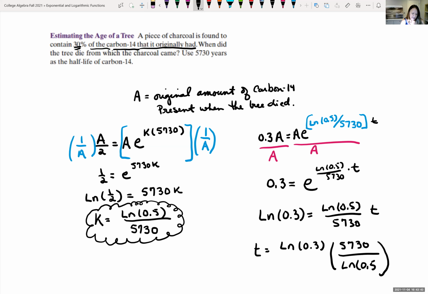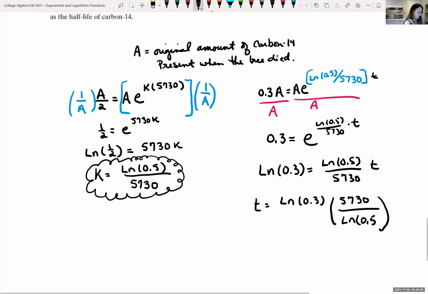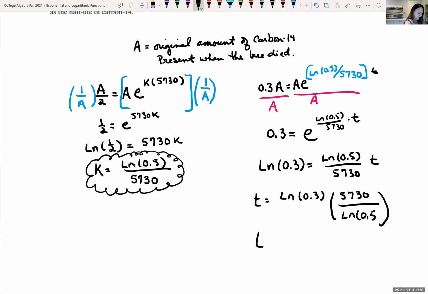Okay, so the natural log of 0.3 times 5,730, take that result and divide it by natural log of 0.5. And if we do this, this is approximately 9,953 years old, that piece of charcoal.